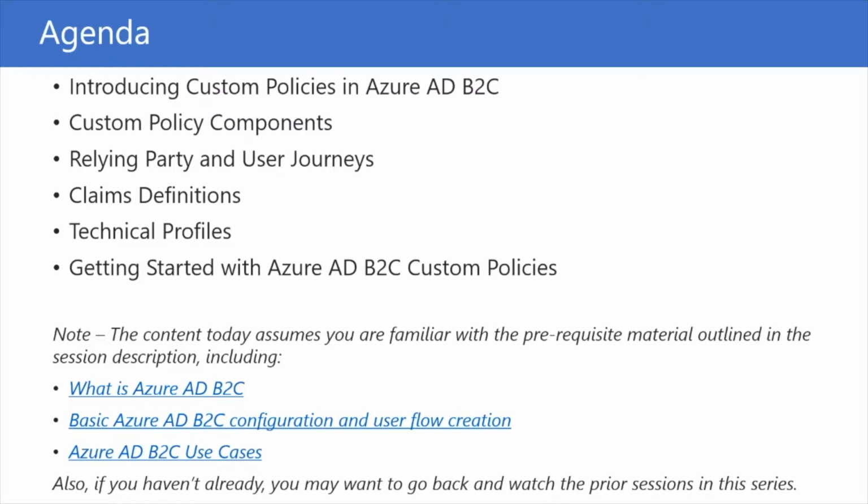We'll look at technical profiles and focus on some of the more common ones. And we'll look at what you need to do and where you can get guided instructions on how to get started developing your own Azure AD B2C custom policies. This is going to be a conceptual discussion today, and we'll do a more concrete policy example in the next session in the series.